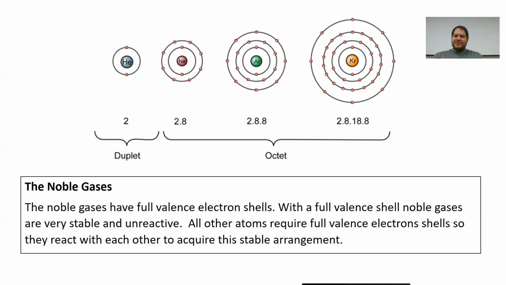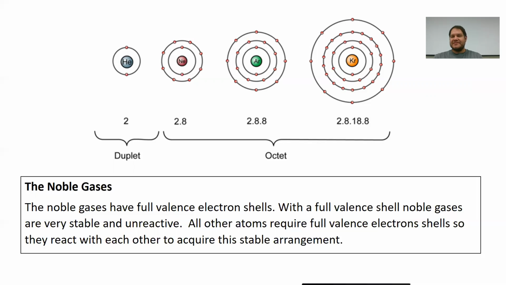So if you look at the Bohr models or the shell models of these noble gases, you can kind of see a pattern here. All of the noble gases, with the exception of helium, have 8 valence electrons in their outer shells. And so really the magical number here is 8.